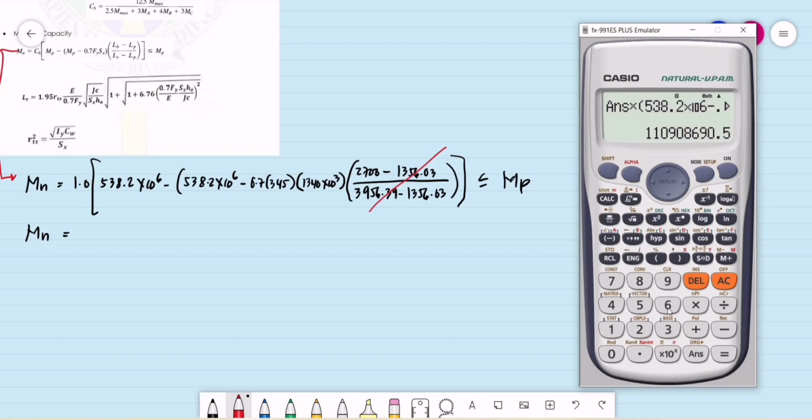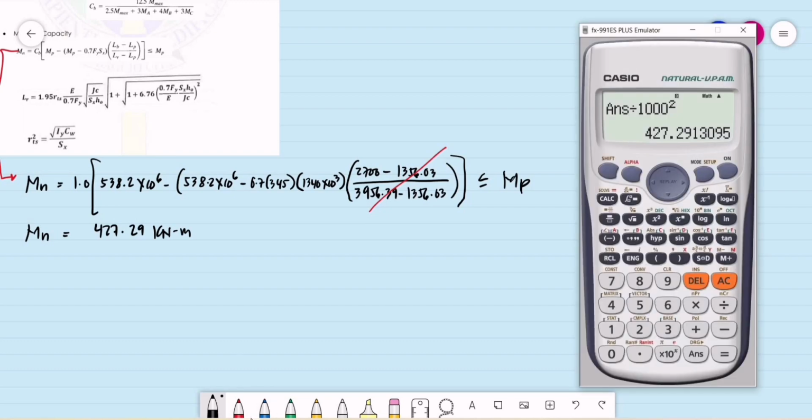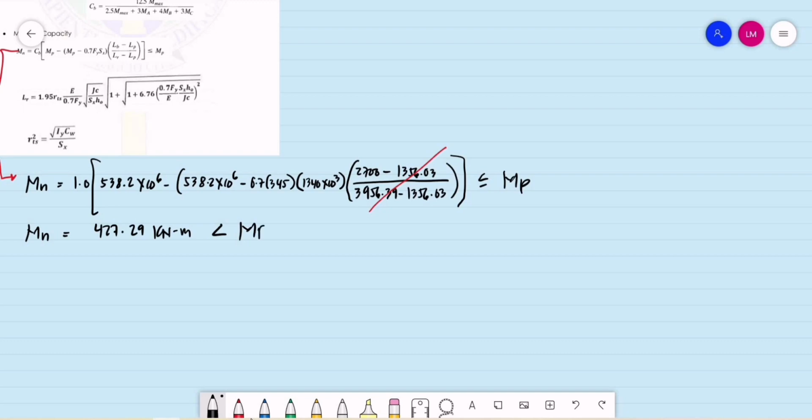Then we subtract this term from 538.2 times 10 raised to 6. Then we divide this by 1,000 squared. Since that is already in Newton mm, dividing it by 1,000 squared will give us a value in kilonewton meter. So we have 427.29 kilonewton meter. This will be our nominal moment capacity, and it is less than the value of our M sub P.